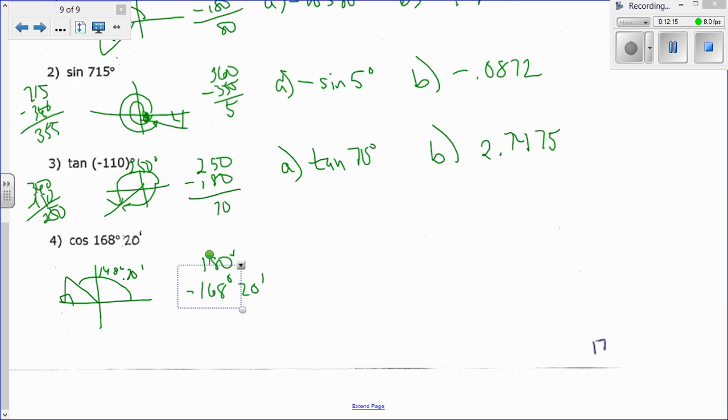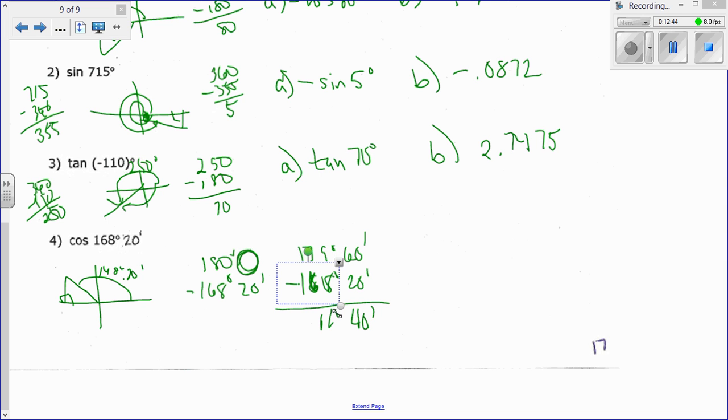And I need something to subtract my minutes from, so I need to borrow 1 degree. 1 degree has 60 minutes. So it's 179 degrees 60 minutes minus 168 degrees 20 minutes. So when I subtract my minutes, 60 minus 20 is 40 minutes. 179 minus 168 is 11 degrees.